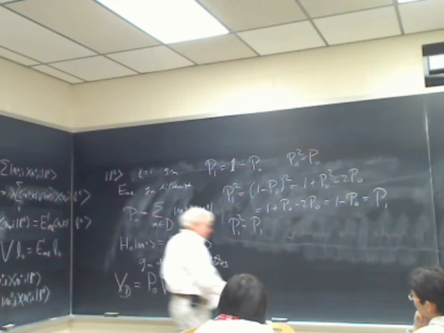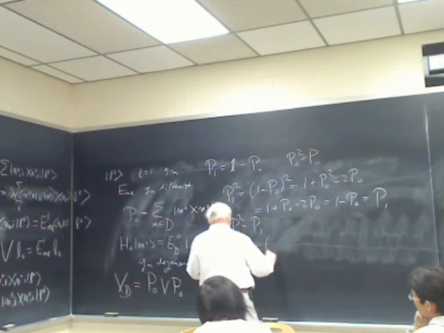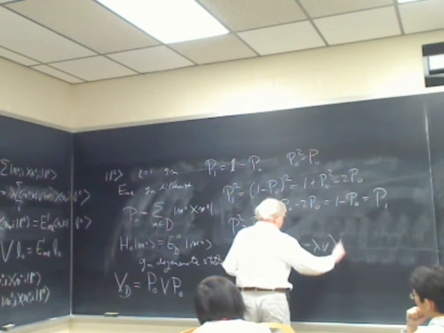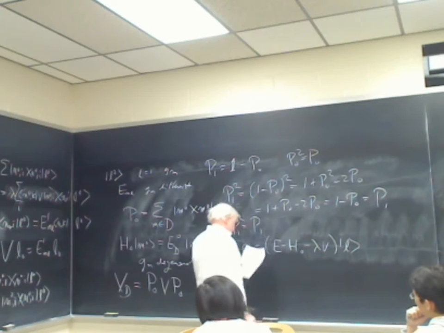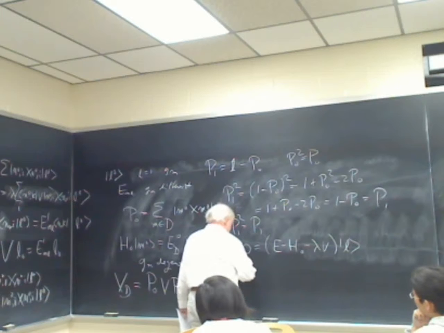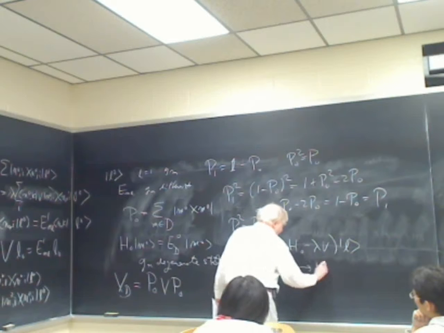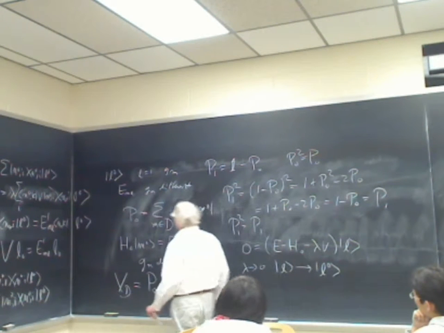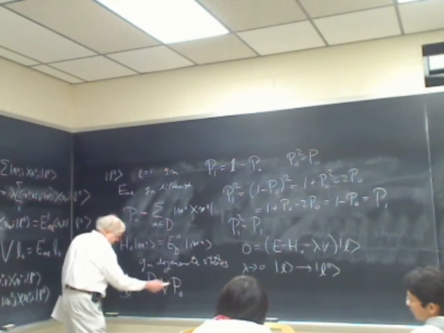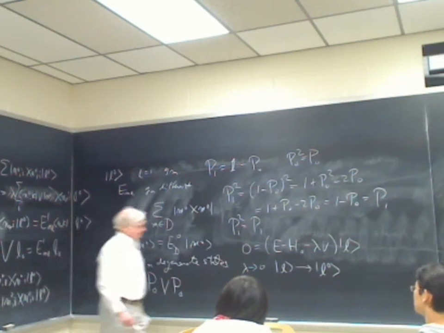Now what we want to solve is the equation 0 equals E minus H0 minus lambda V acting on L. And we imagine that as lambda goes to 0, this state L is going to go to L0, L0 being the eigenstates of this truncated potential.